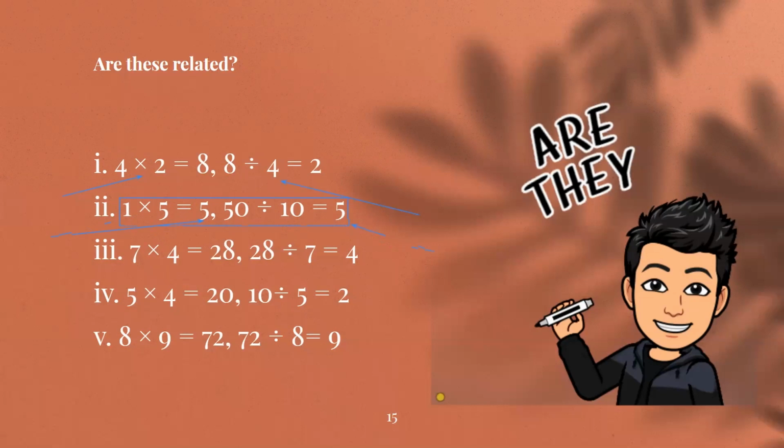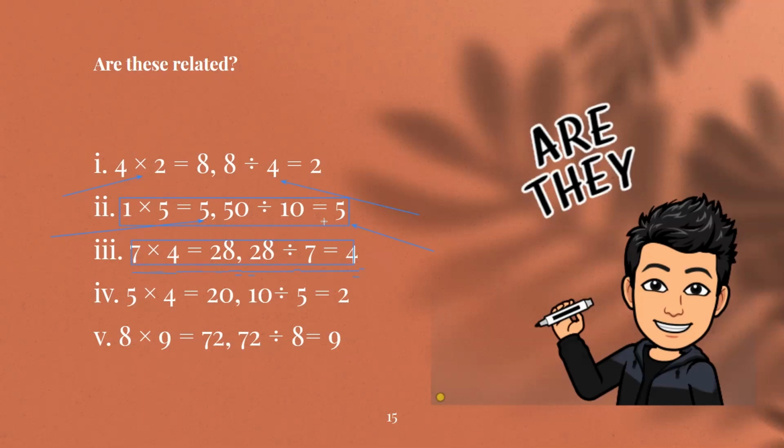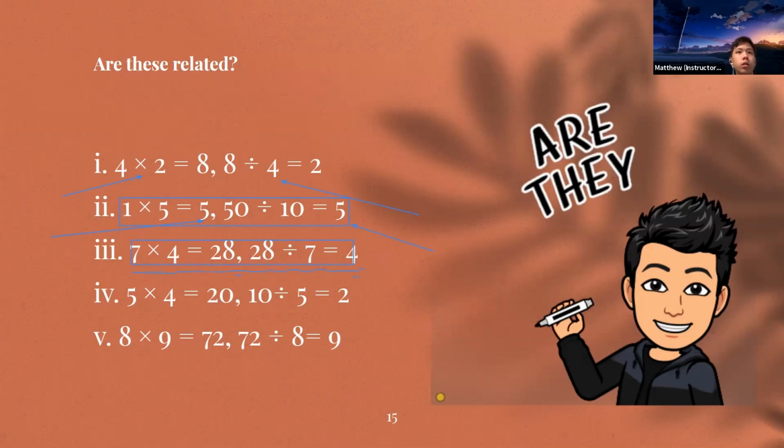No. Correct. Now what about this one? 7 times 4 is 28, while 28 divided by 7 is 4. Are these two related? Yes. Correct. Now what about the next one? 5 times 4 is 20, and 10 divided by 5 is 2.